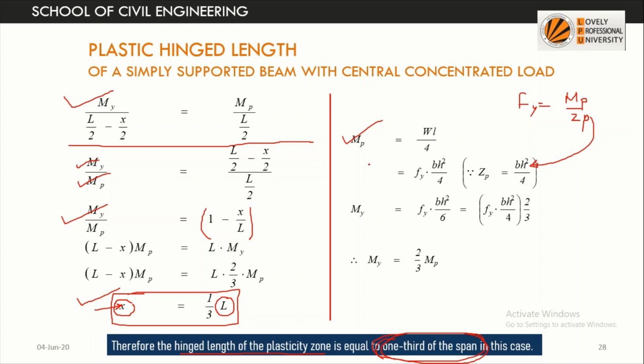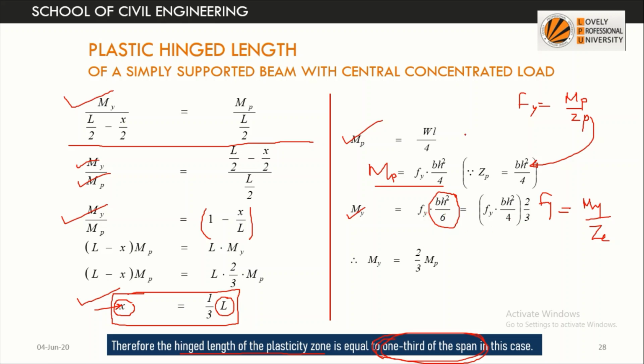So we can write MP is equal to Fy bh square by 4. Similarly, when we write My, Fy is equal to My, the yield moment, divided by elastic modulus ZE. So what is ZE? It is bd square by 6 or bh square by 6.